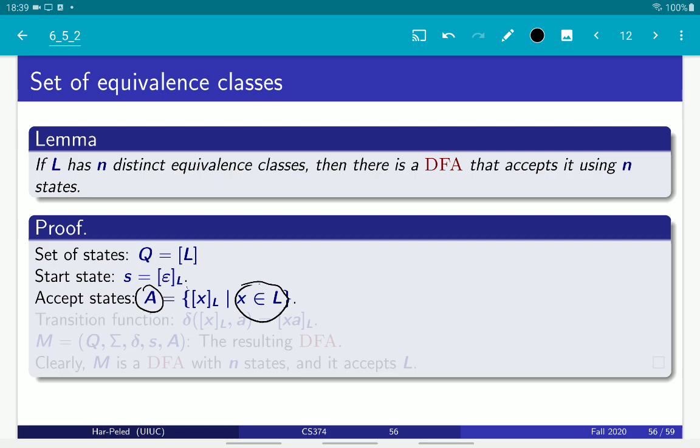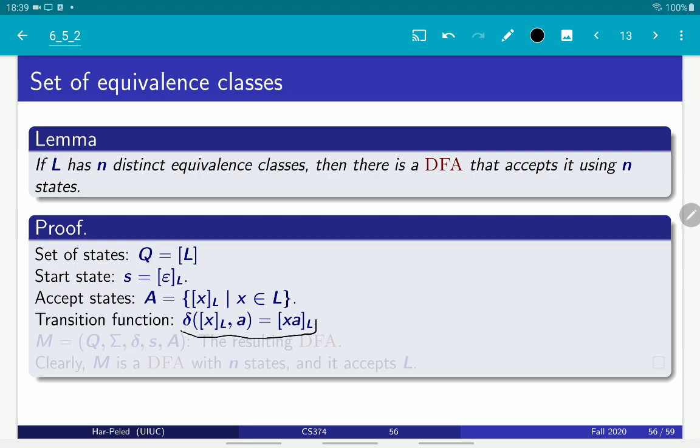So that's why this definition makes sense. So all the equivalence classes whose strings belong to L are going to be accept states. And now the transition function is just what we used earlier.